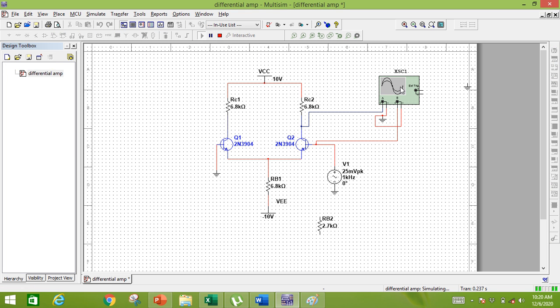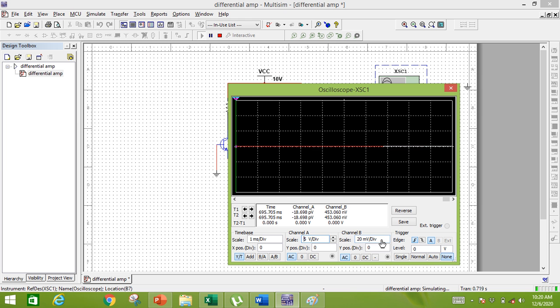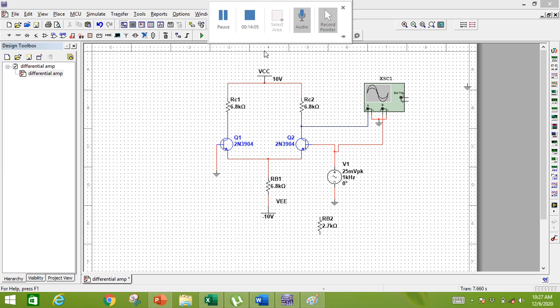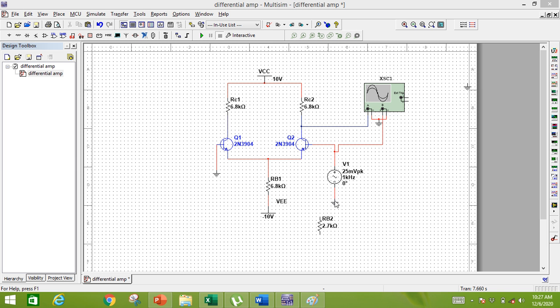Let me run it again. The ground is not connected properly. Now I connected the ground properly, so let's observe the results now.